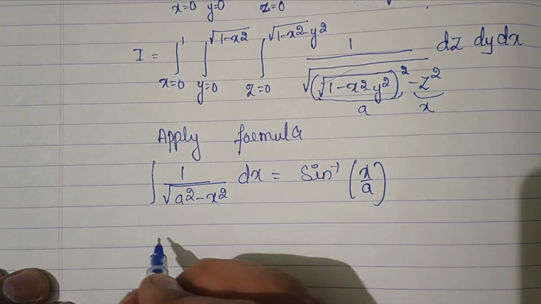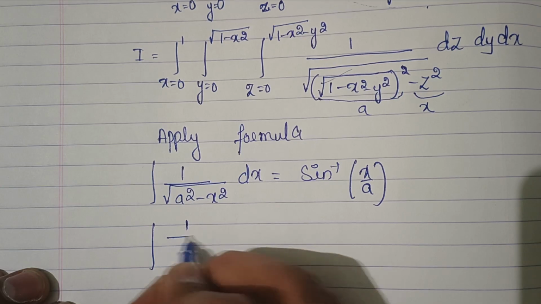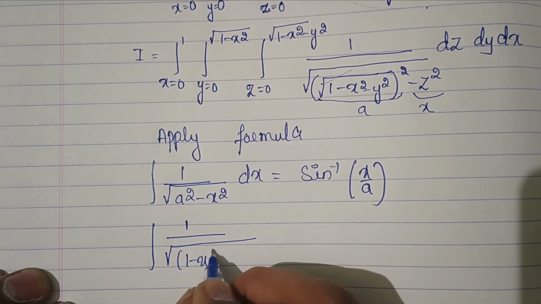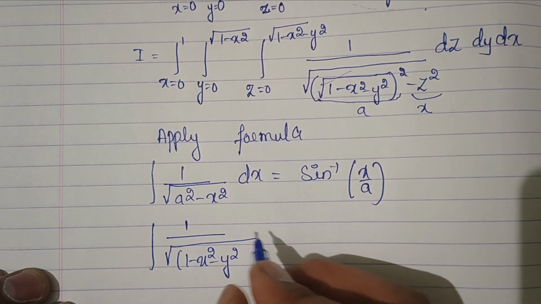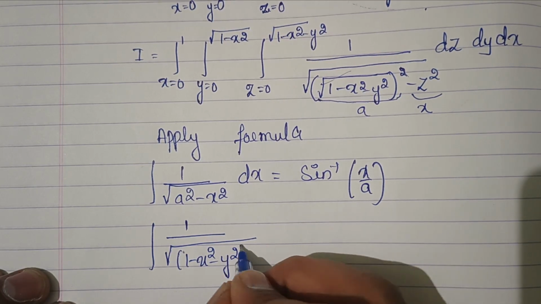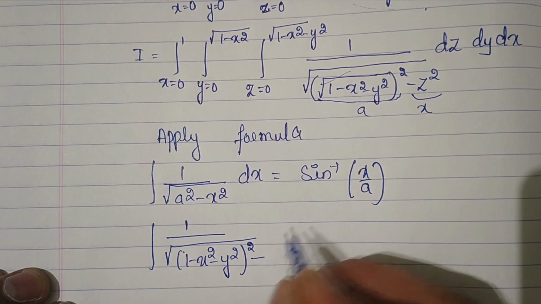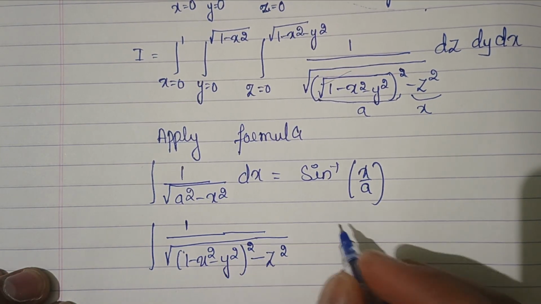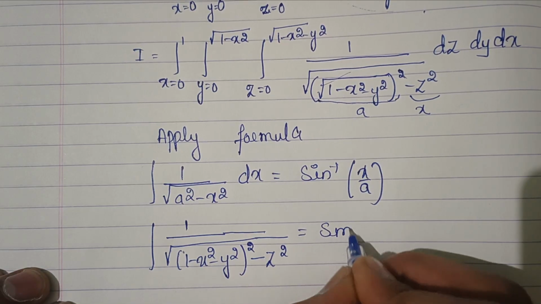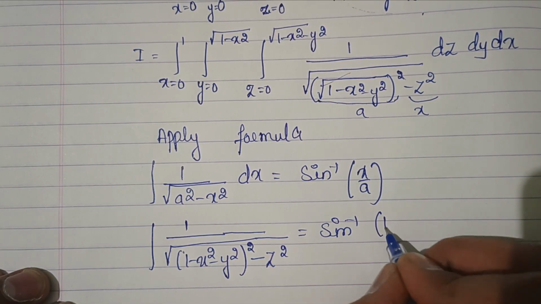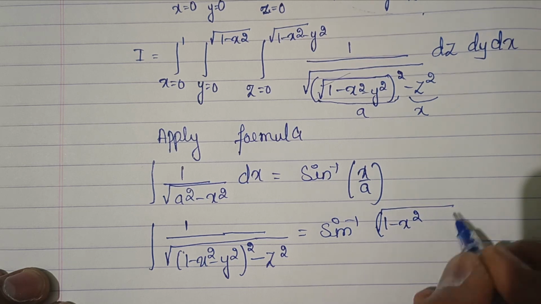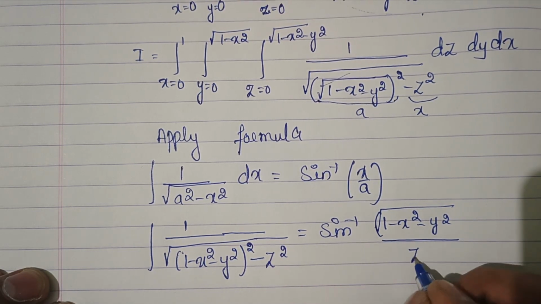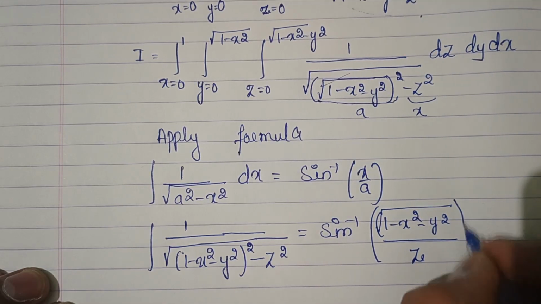So when we apply that formula, what happens here? 1 divided by root of the square of root of 1 minus x square minus y square, minus z square, is equal to sine inverse of z divided by root of 1 minus x square minus y square, isn't it?